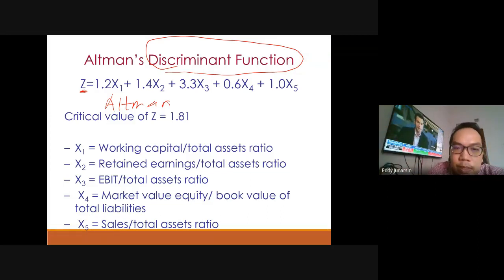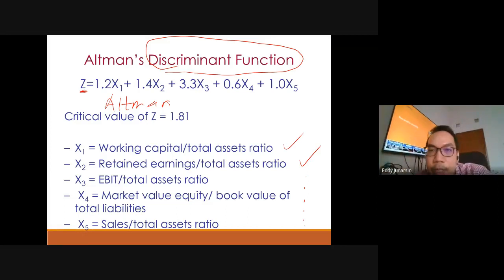You see, working capital to total assets ratio, retained earnings to total assets ratio, and so forth. There are 5 variables here, and I think every decade, Altman and also his successors will reconduct research on this, and the coefficients would change, and even some variables would change.